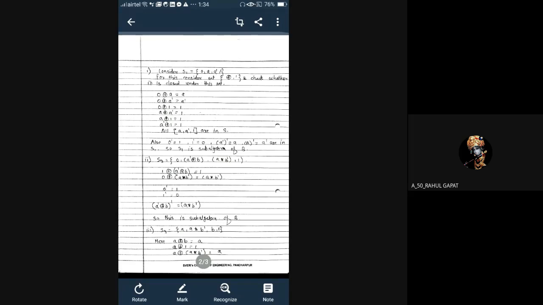What is the answer for this complement? A's complement, in short, that complement will get cancelled. A will be there, and XOR's complement, that is the star operation, and B's complement. So the answer for this complement is A star B's complement.